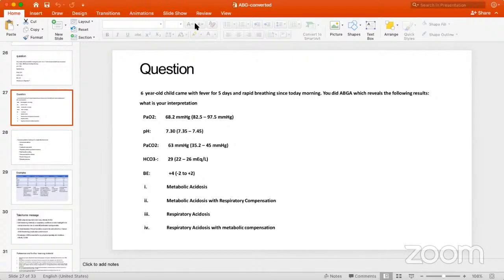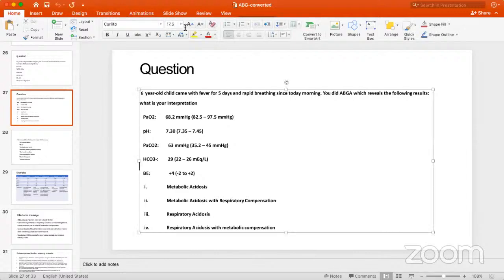In case of Winter's formula, if it were a metabolic acidosis, the last two digits of the pH after the point, that is 30, should match PaCO2. But PaCO2 is much more than that. That means this is not a metabolic acidosis.